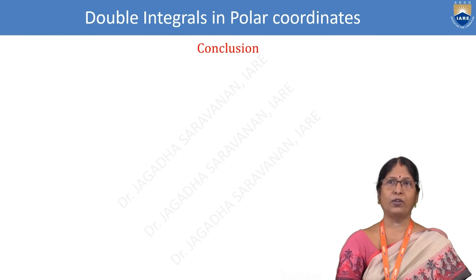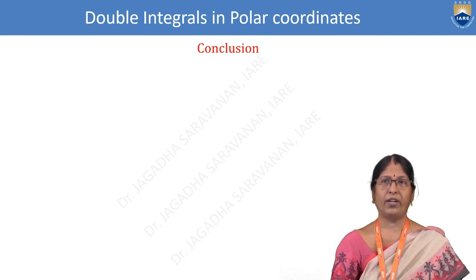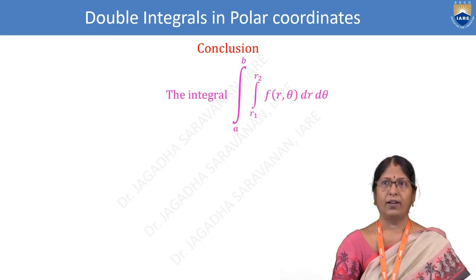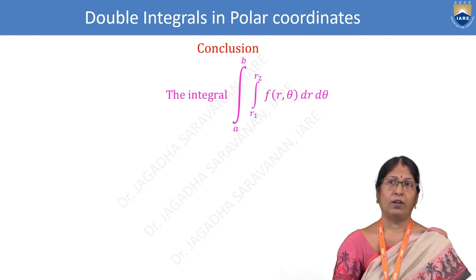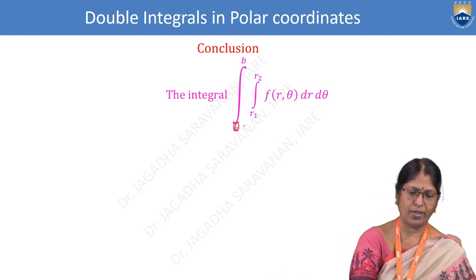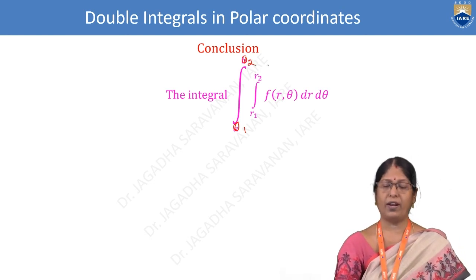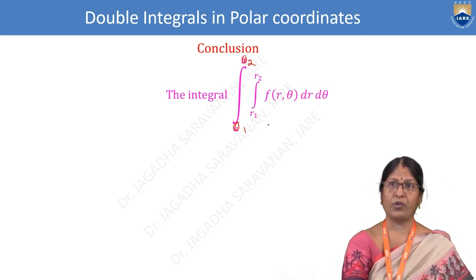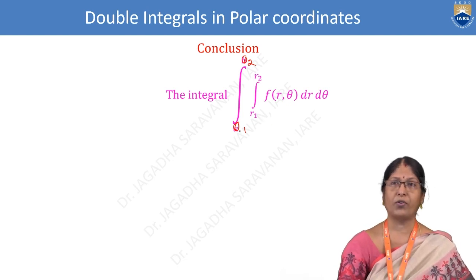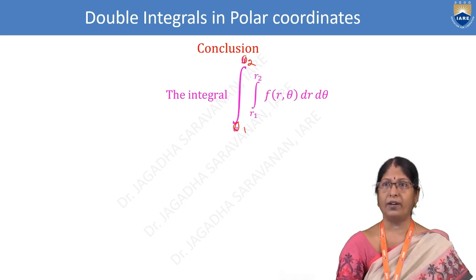We will come to a conclusion of this video lecture, double integrals in polar coordinates. First we discussed this formula: theta 1, theta 2. That is the interior integration from R1 to R2, and the outermost integration is theta 1 to theta 2, F of r comma theta dr d theta.